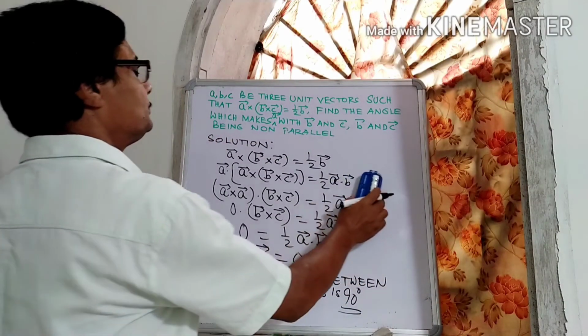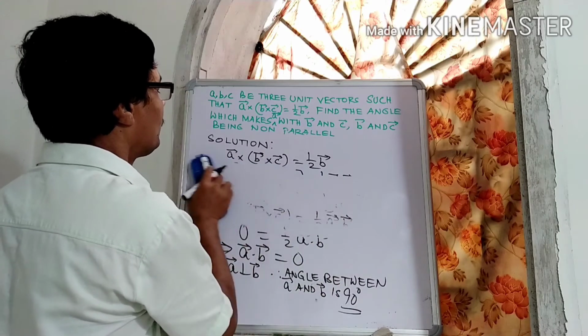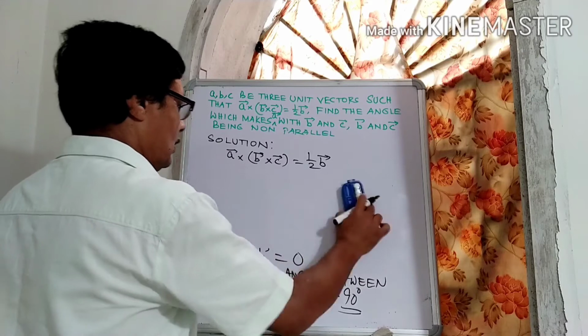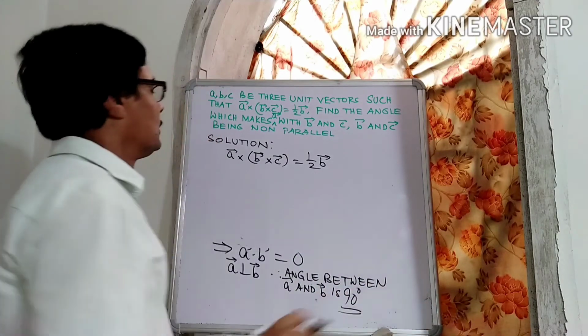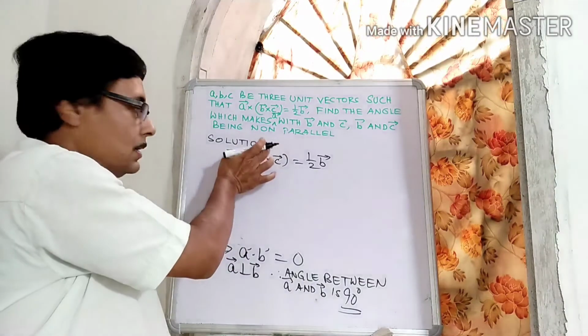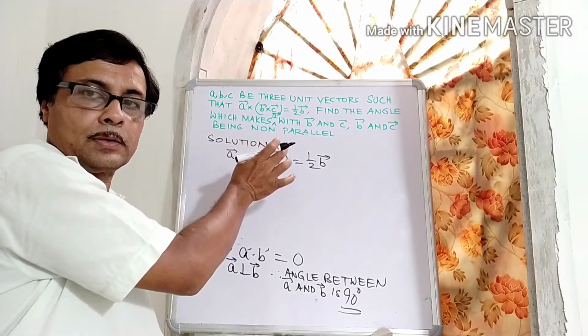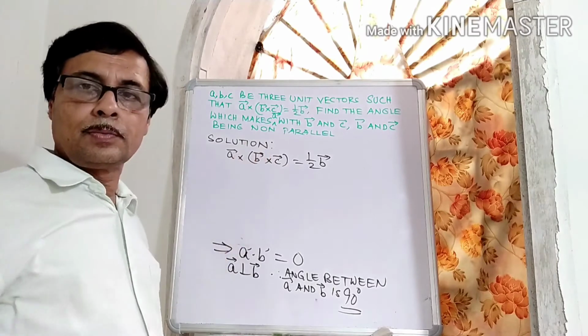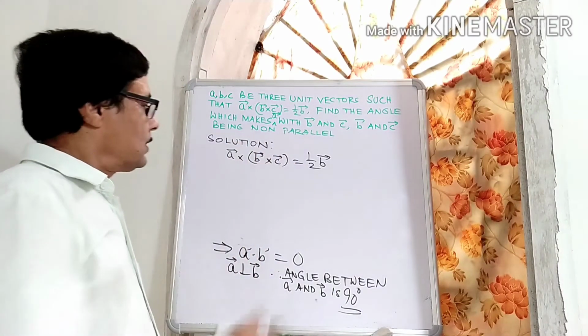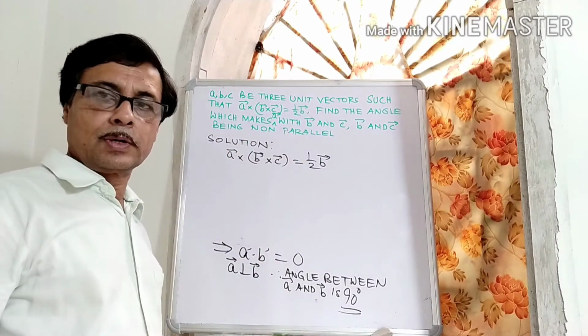Now you see that this is a vector triple product of three vectors A, B, C, which are unit vectors.